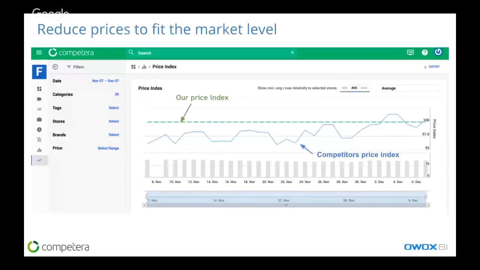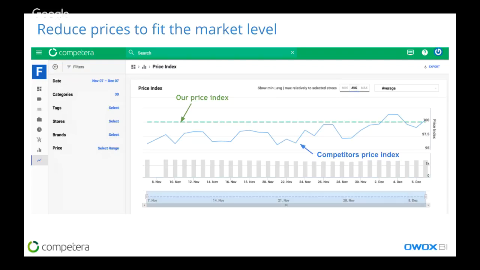The next example is a little bit different situation that we may come across in the comparison of our prices with competitors, and how we can dynamically change it within a certain timeline. Basically, we were more expensive than the market, and of course we were losing some sales due to our high prices.